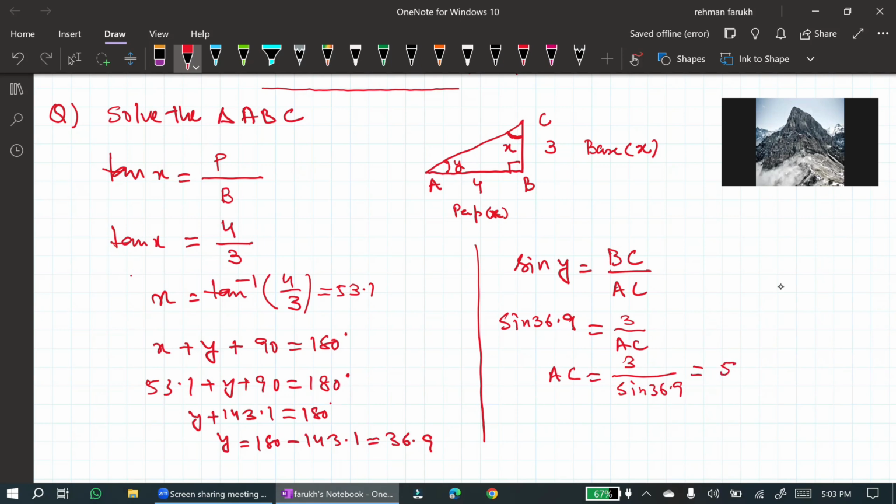Now, with the help of sine, cos, and tan, we are able to find out all the sides and the angles of the triangle. We can find out the third side with the help of the Pythagoras rule too. When we use the Pythagoras rule, hypotenuse square is equal to base square plus perpendicular square.